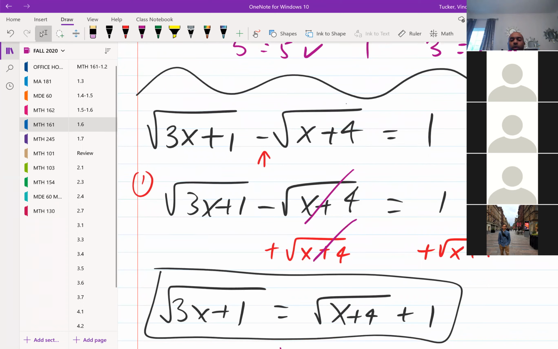All right, so this is where we are now. We added the square root of x plus 4 to both sides of the equation. It cancels out on the left. And on the right, we have the square root of x plus 4, plus 1.